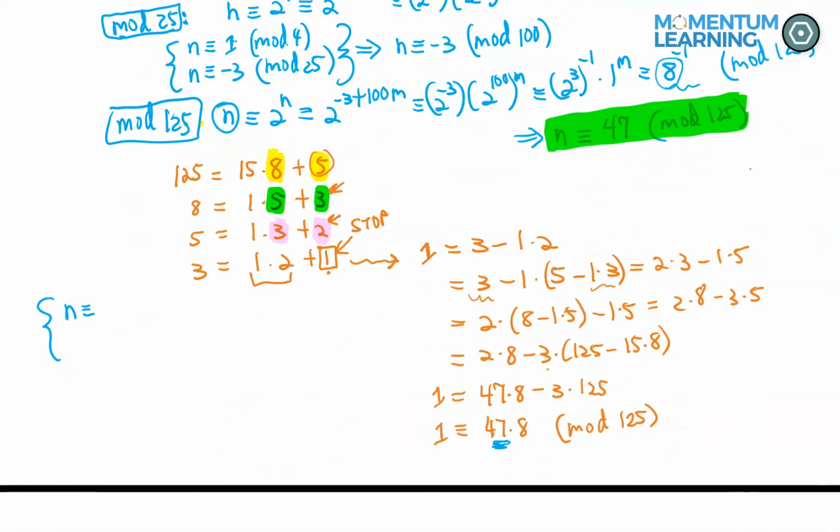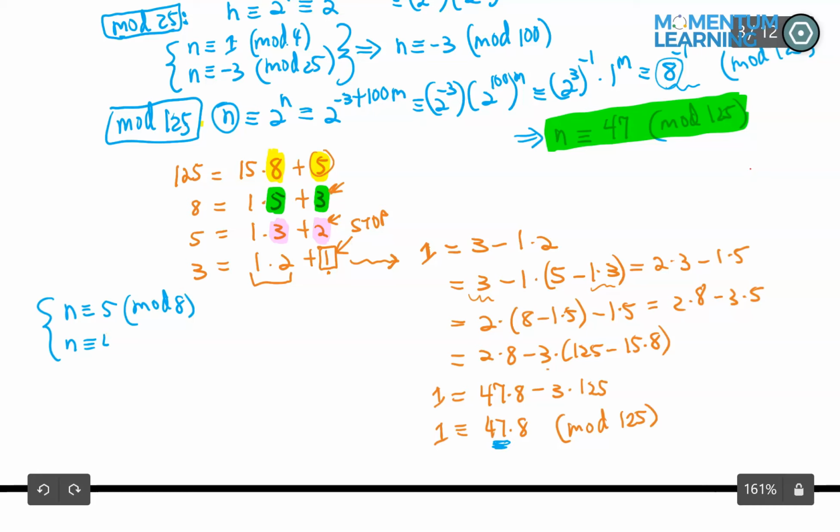So n is congruent to 5 modulo 8. At the same time, n is congruent to 47 modulo 125. And so what is the value of n? If you memorized the Chinese remainder theorem procedure, you can just use it directly. If you didn't, like me, it's annoying, but okay, we can do it. So the answer must be one of these.